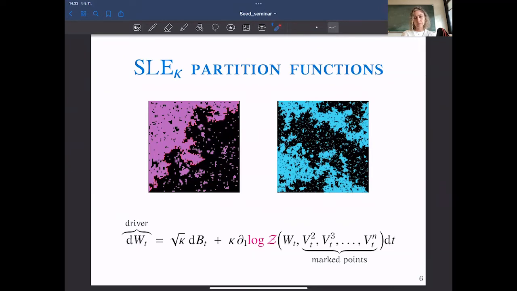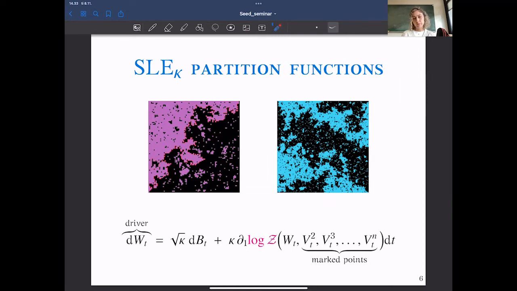And between the two colors, I can draw this kind of frontier, like also these loops. So there are clusters of black in the picture. These are called interfaces, the loops and curves between the two colors.